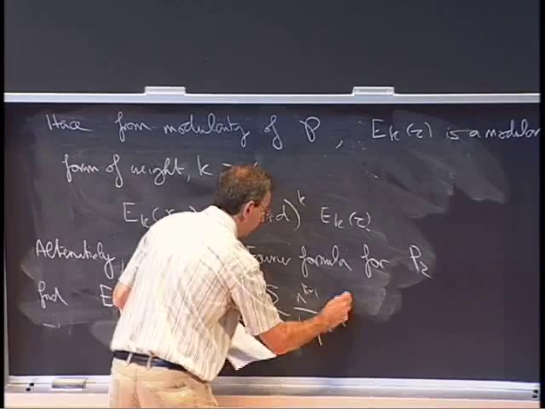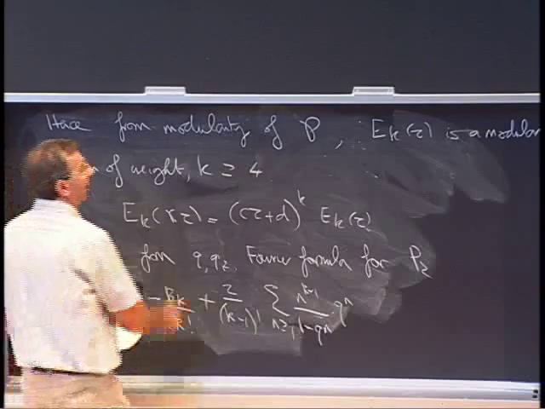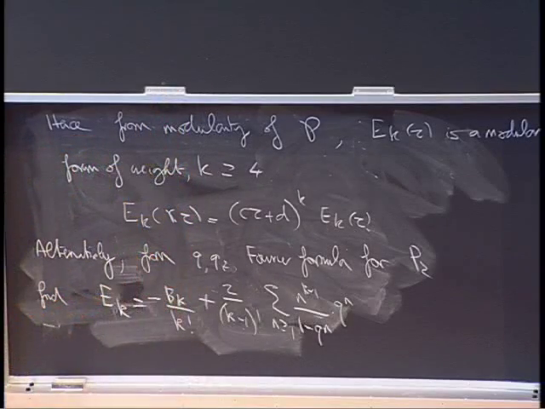Taking the formula for P2 expressed as a function of q_z and q, and expanding out the q_z's in terms of z, you can just read off the various terms and get this expression. And what's b_k? b_k is a Bernoulli number.